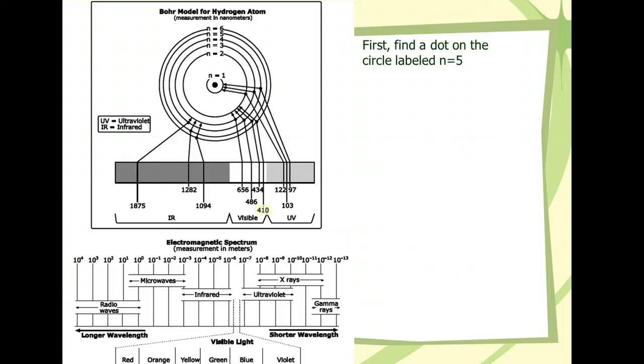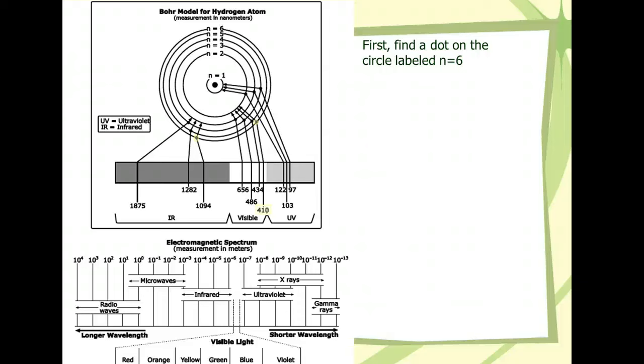So first, let's find the dot on the circle that's labeled n equals 6. We've got a dot here that's on the outermost one, n equals 6, and we've got one here. So it's going to be one of those dots that's our electron that's going to go from an excited level to a lower level.